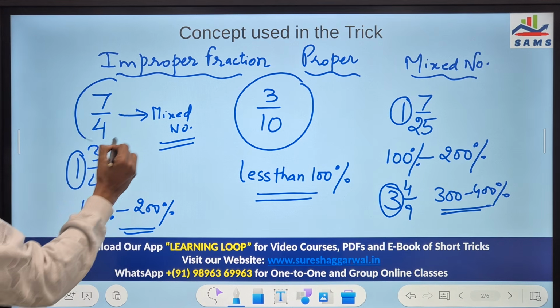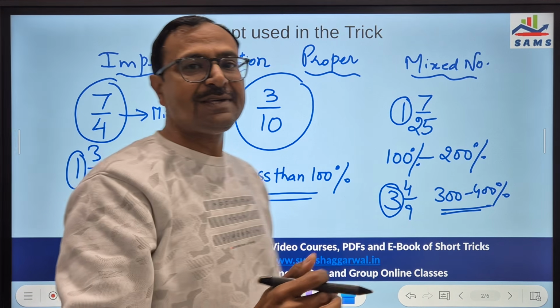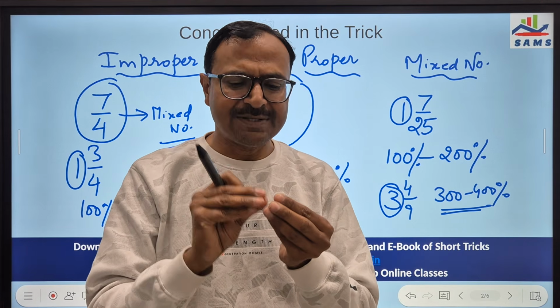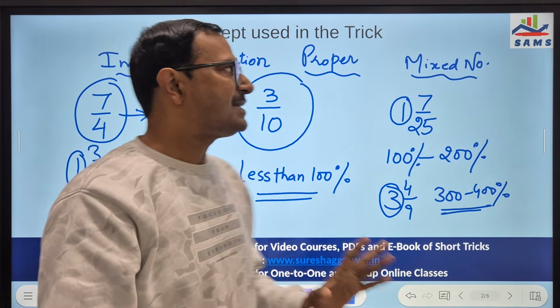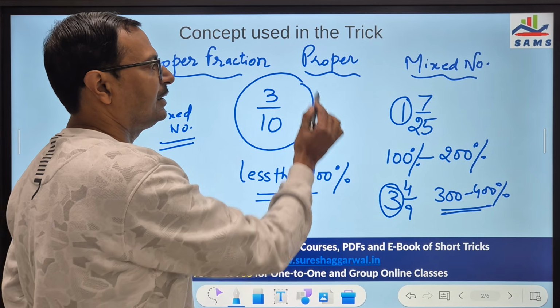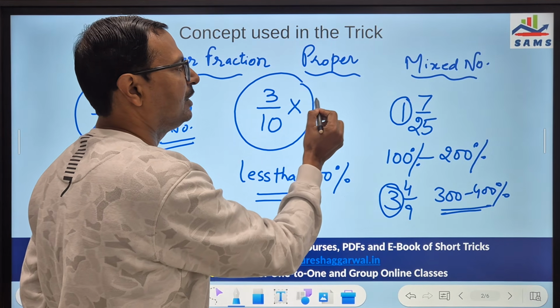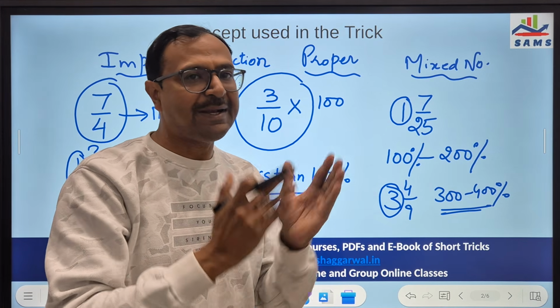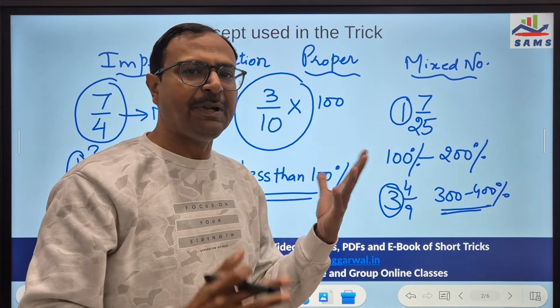The actual conversion of these into percentages depends solely on one single step, that is multiplying the given fraction by 100 and then reducing it in the form of a decimal if required, or simply a whole number.